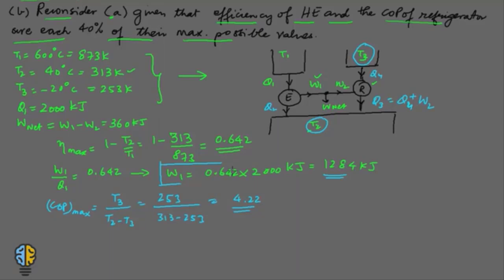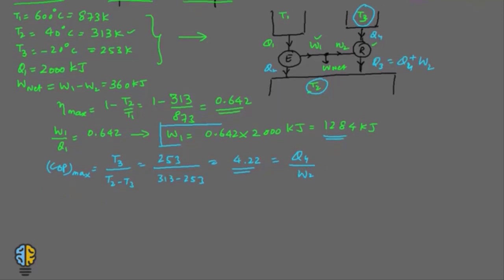Now with this, if you write down the further relation, COP is equal to the heat absorbed, that is Q4 upon W2. Now I don't know Q4 and I don't know W2. So how to find out both the values? But I know one thing, I know the net work transfer, that is this relationship.